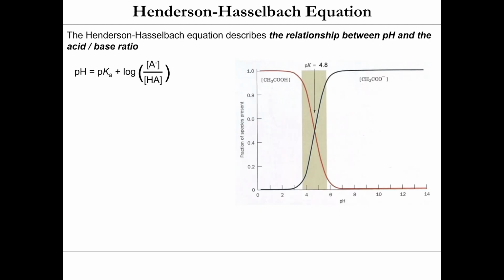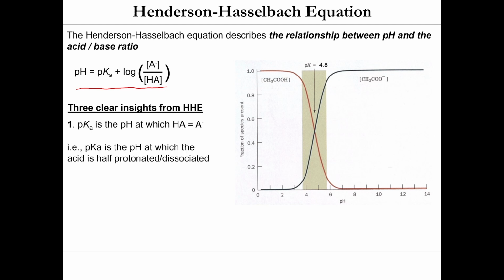So as we said, this Henderson-Hasselbalch equation is perfect for describing the relationship between the pH and the acid-base ratio. Here we have it written right here: pH equals pKa plus the log of the conjugate base concentration over the acid concentration. And this gives us 3 clear insights into how these weak acids work in a solution and ways for us to describe them.